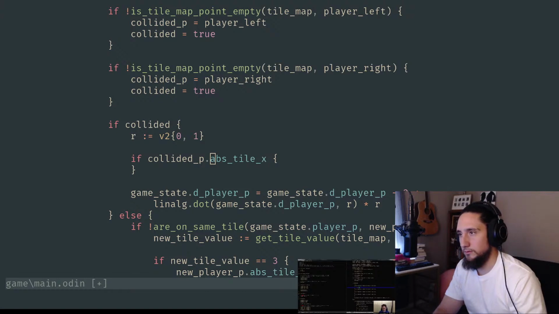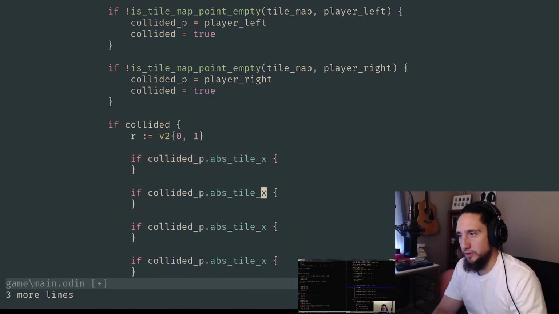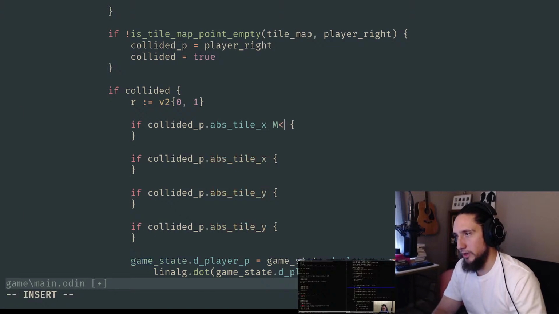We can basically do, I think, okay, let me see if I can do this correctly without copying Casey straight up. So, yeah, X and Y. And so if this is less than, so he's comparing against the original player state to see if we're colliding either on the left, the right, the top, or the bottom.